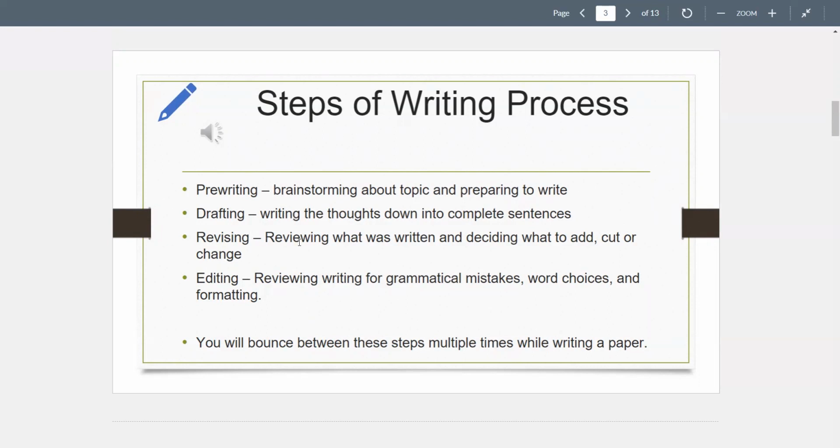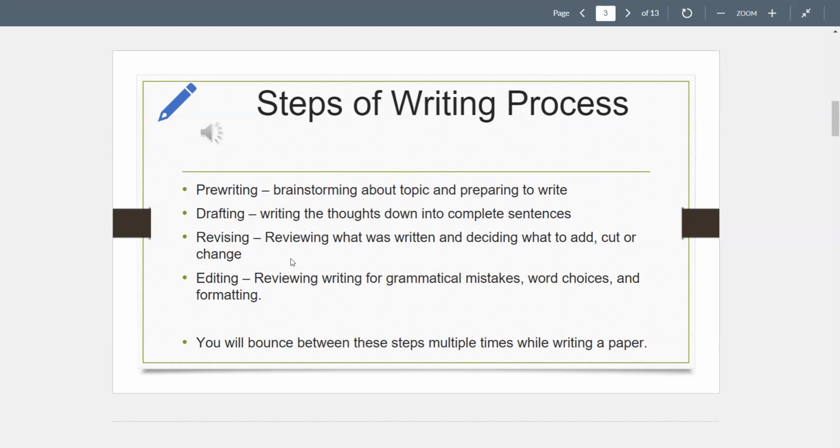Then the revising and editing, you can see, are actually two different steps. So in revising, we're looking at what's written and deciding, like I said before, what to add, cut, or change. This is making sure we have everything that supports the thesis. We have topic sentences. We have enough support for each paragraph. We have enough sentences. We have enough length to the paper.